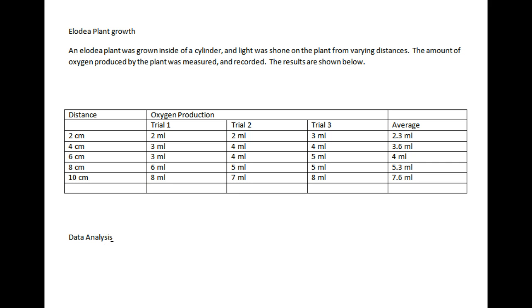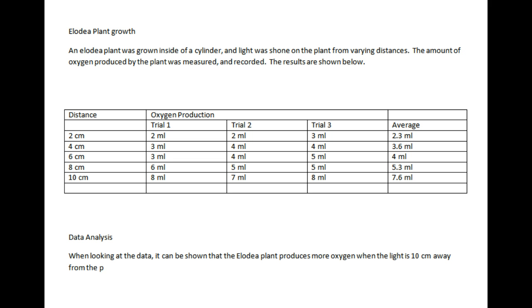So how do I do that? How do I type it out or write it out as a data analysis? Well, you have to say that in a data analysis we look at the data. So when looking at the data, it can be shown that the Elodea plant produces more oxygen when the light is 10 centimeters away from the plant.